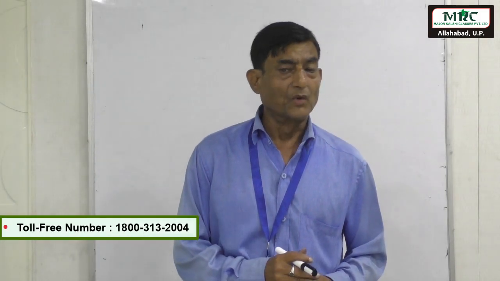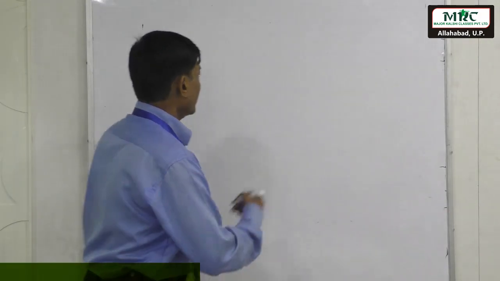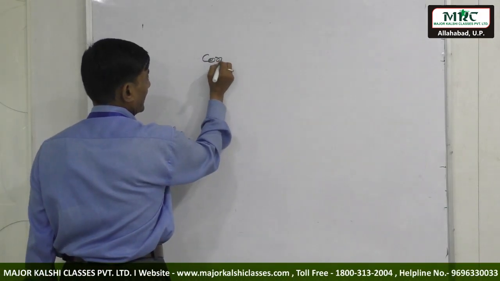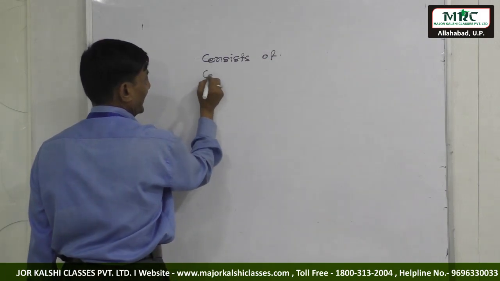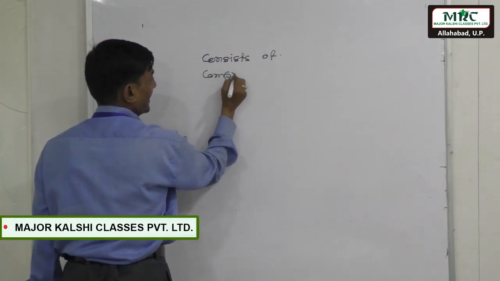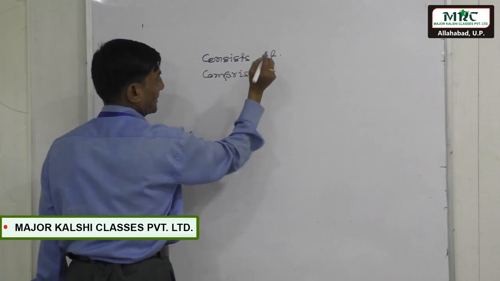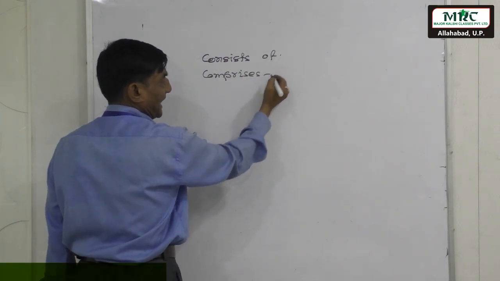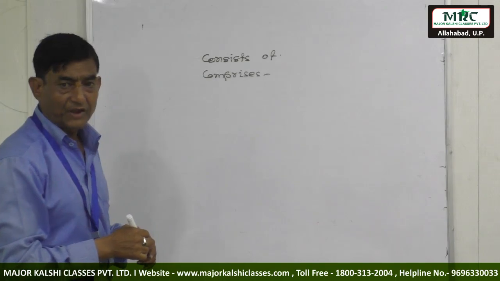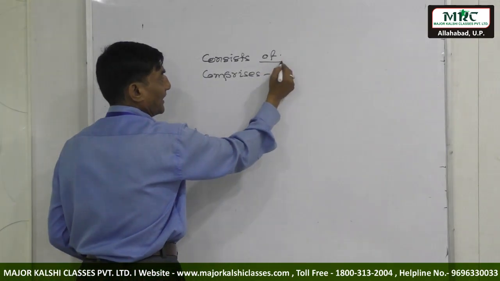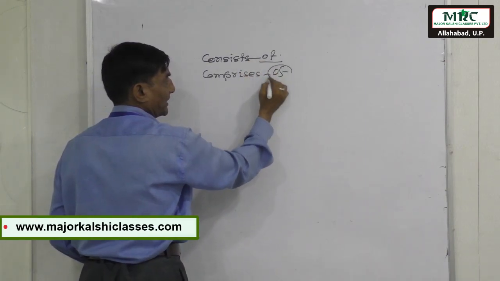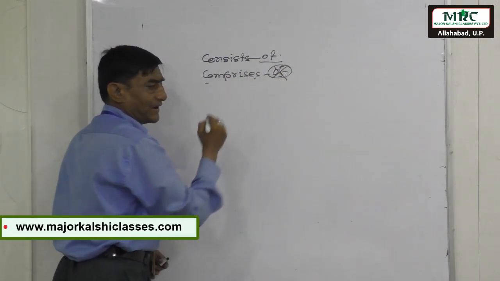There are some prepositions that are mostly quoted, and these are consist of when it is substituted by comprises. We see that in the error part of the spotting error, of is used with this. Of is always used with consist, but it is never used with comprises.